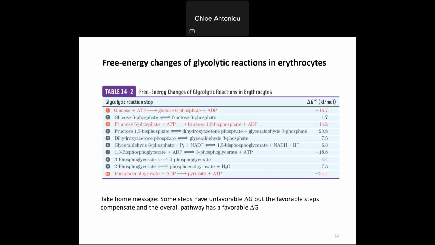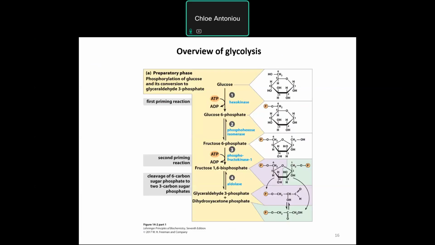Any questions? So here's a summary of glycolysis. I just want to emphasize that you start with 1 molecule of glucose. So up until the point where you have fructose 1,6-bisphosphate, the first 4 steps take place once for every molecule of glucose.